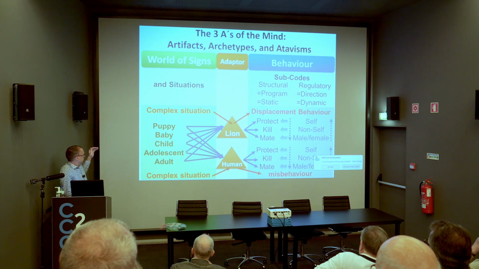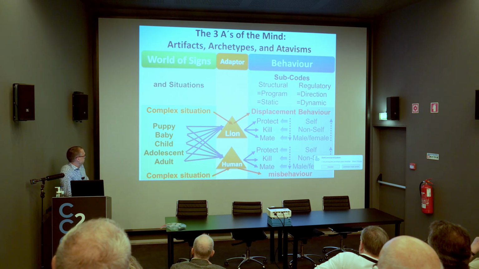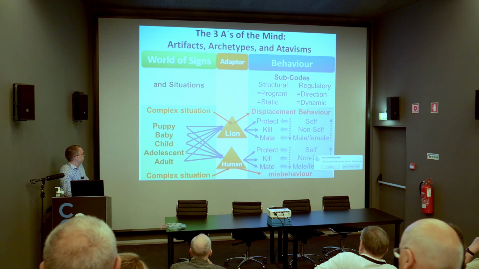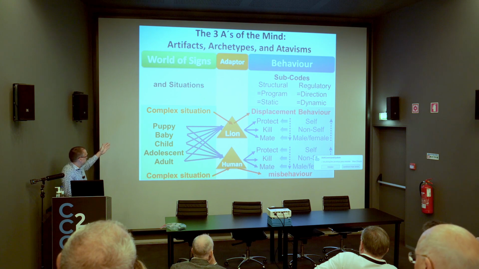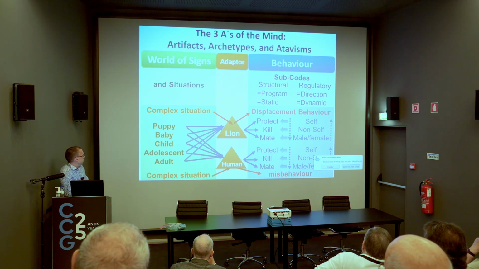When you look at similar behaviors or types of behaviors that are elicited by visual recognition of a puppy, baby, child, adolescent, or adult, let's say a lion can either protect a puppy if it's his own, or he can kill a puppy if it's not from him.